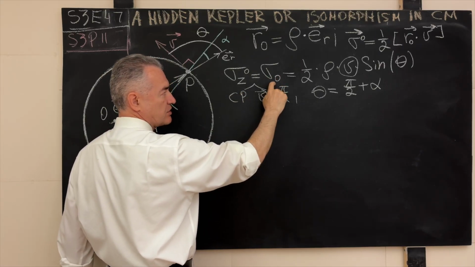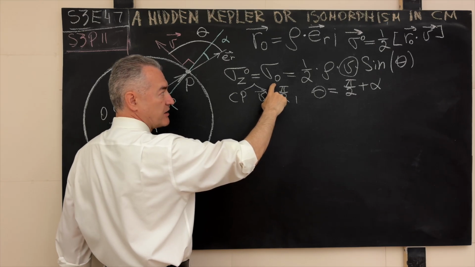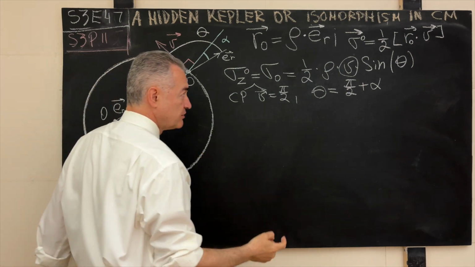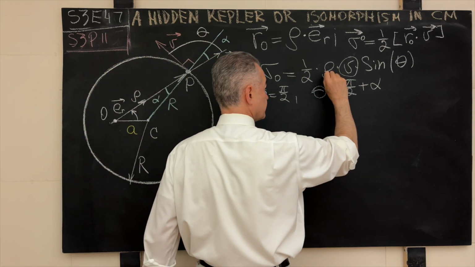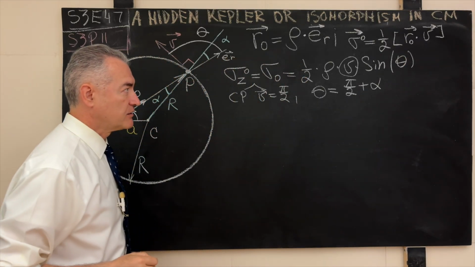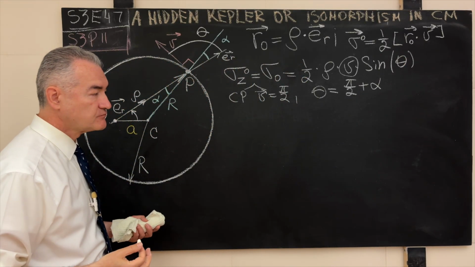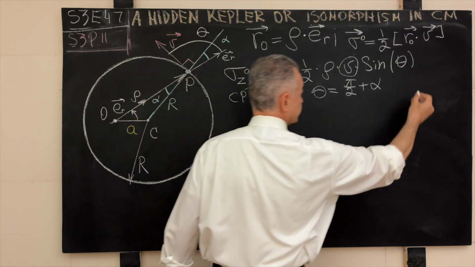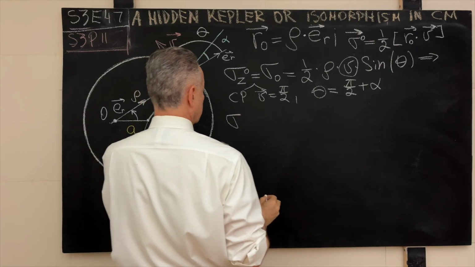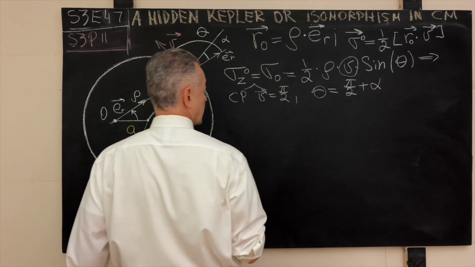Sigma 0, which constitutes the constant areal velocity of the point P with respect to the off-center point O, is known, given, constant. This we need to play games with, and this we need to play games with the angle. Let's write down the expression for the velocity.